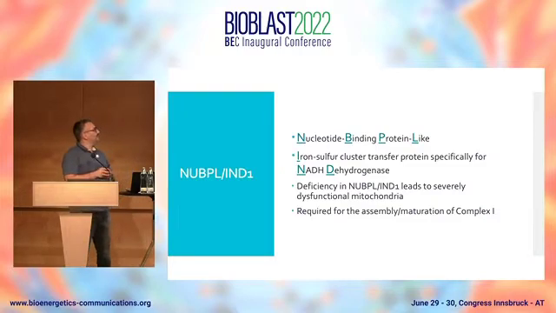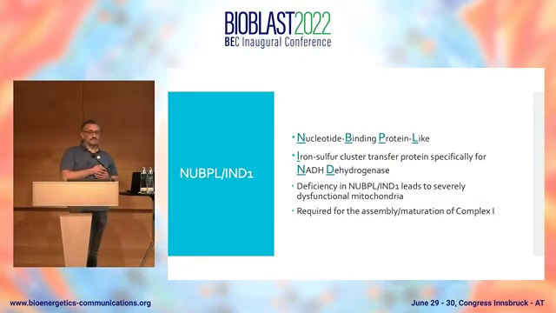So these iron sulfur clusters need to be incorporated into the protein. And here I'm discussing the nucleotide binding protein-like, or NUBPL, initially called iron sulfur cluster transfer protein, specifically for NADH dehydrogenase.